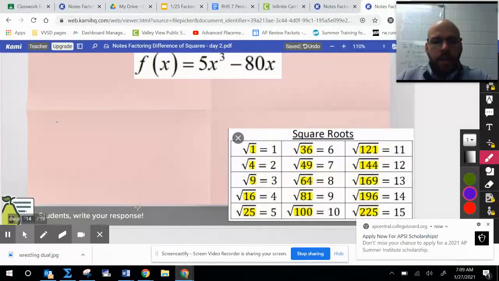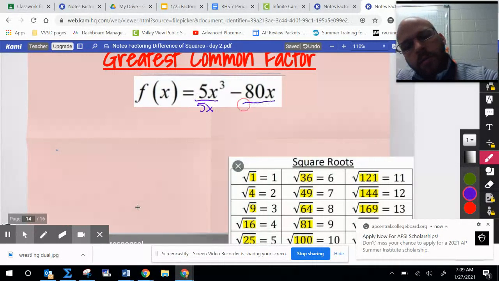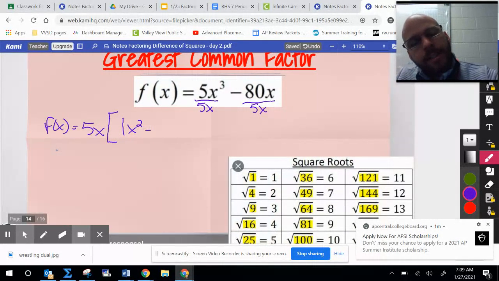All right? I think I got one more of these. So I'm going to take out the GCF, which in this case is 5. So my function is going to become 5x times the quantity, 1x squared minus 80 divided by 5 is 16.